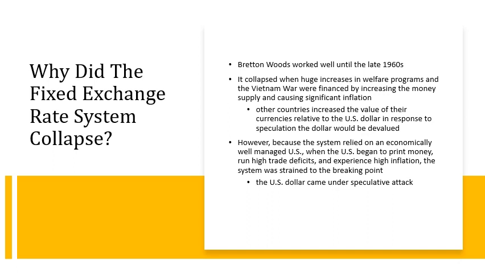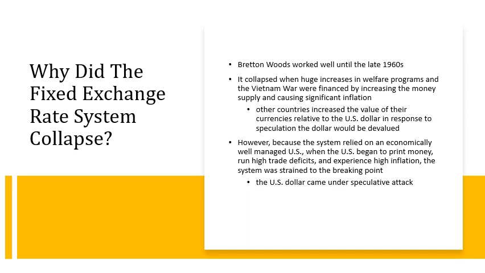Many countries did not want this, because they did not want their currency to be devalued. It was just the US dollar which was getting devalued because of the excessive printing, and because it would make their products more expensive relative to US products.